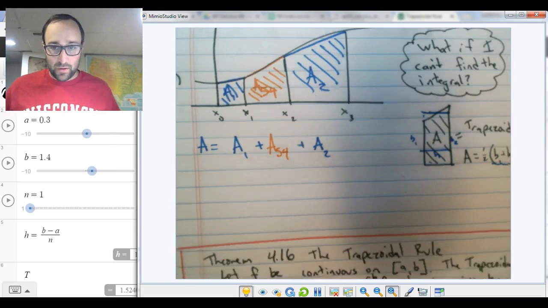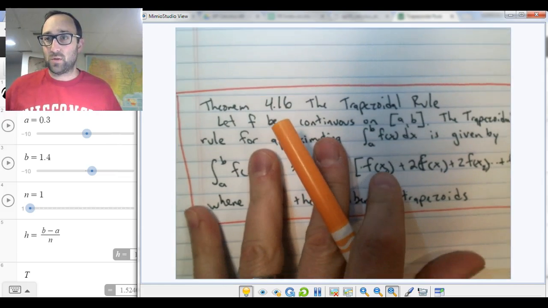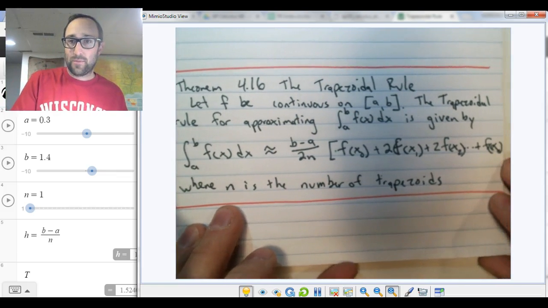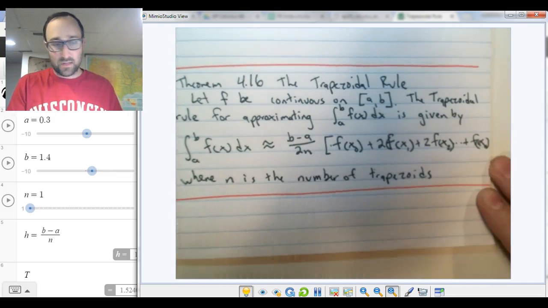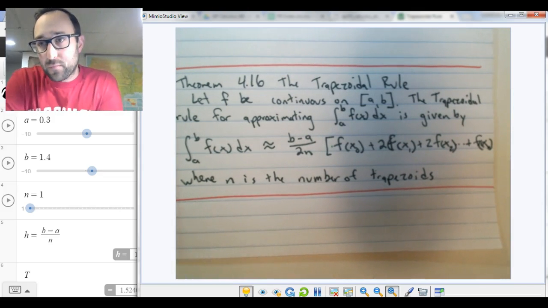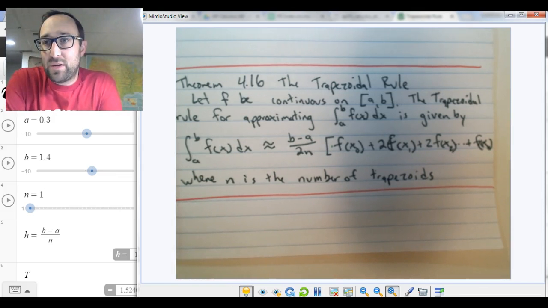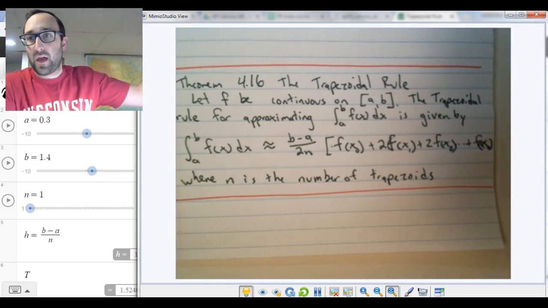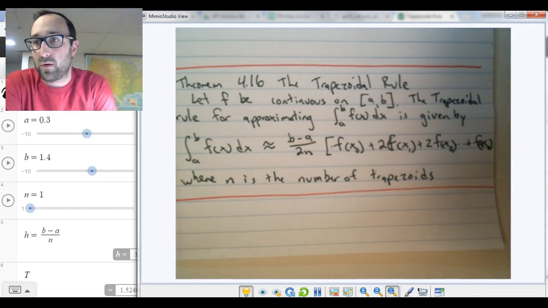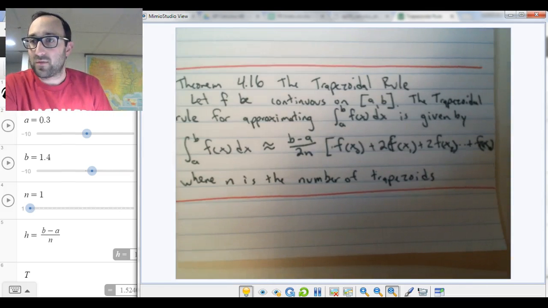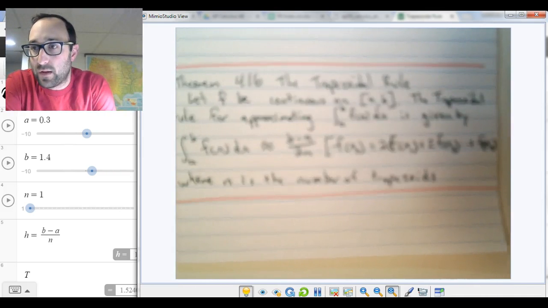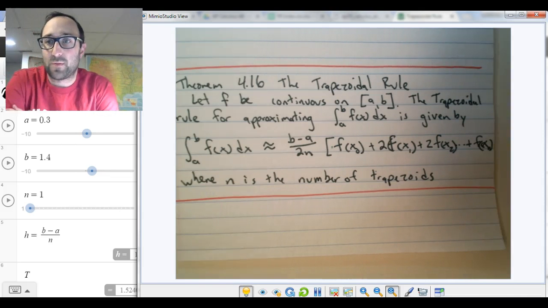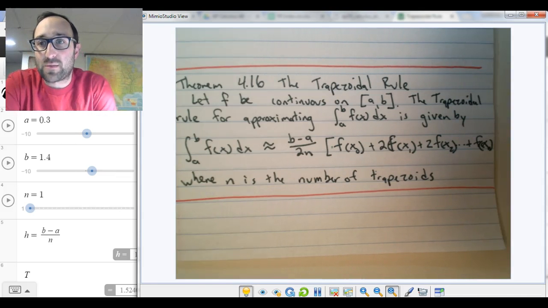Let's go down and look at the actual trapezoid rule itself. This is theorem 1.6 in your book, the trapezoid rule. Let f of x be continuous on the closed interval AB. The trapezoidal rule for approximating the integral from a to b of f of x dx is given by the following.